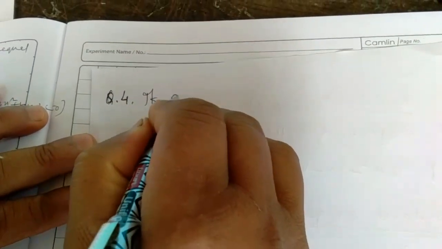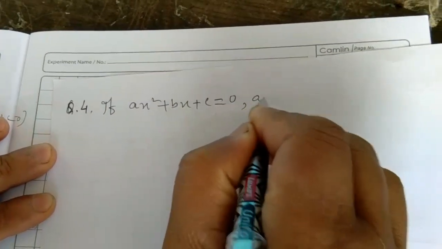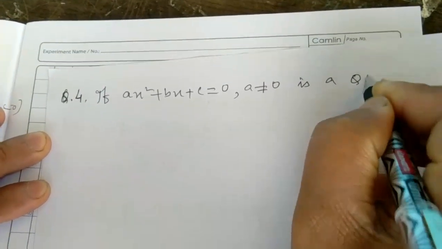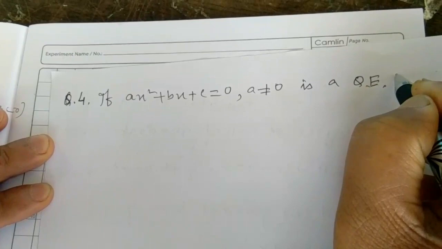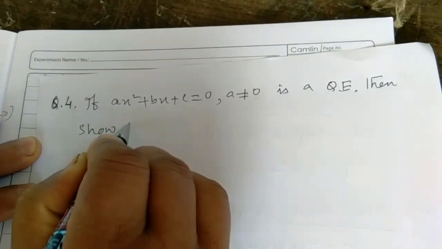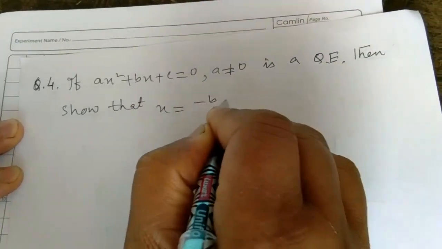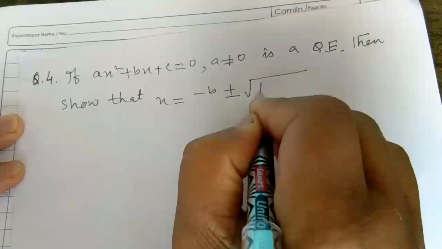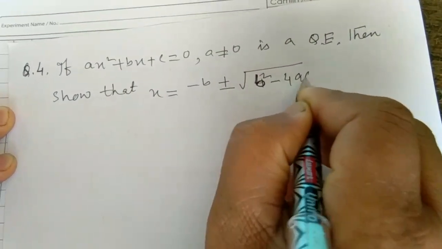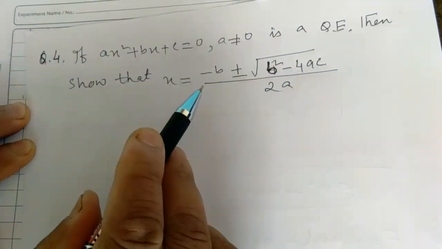If ax square plus bx plus c equal to 0, where a is not equal to 0, is a quadratic equation, QE means quadratic equation, then x equal to minus b plus minus root over b square minus 4ac by twice a. This is the formula of the quadratic equation we have to prove.